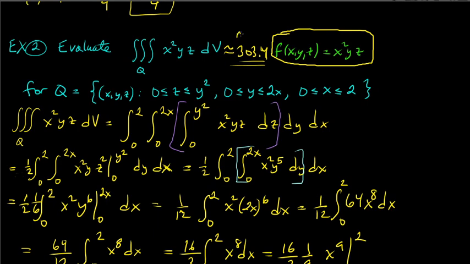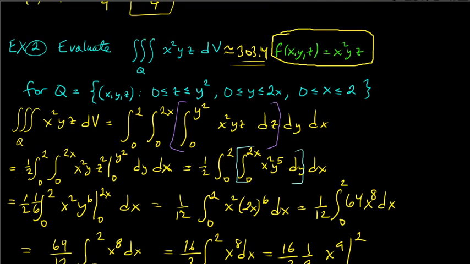Again, that might not work if this is a negative number. Then I don't know what negative mass is, but then shift your interpretation to something else, like maybe temperature. But since we got a positive number, we can think of this as the mass if F represents the density at each point x, y, z in space.